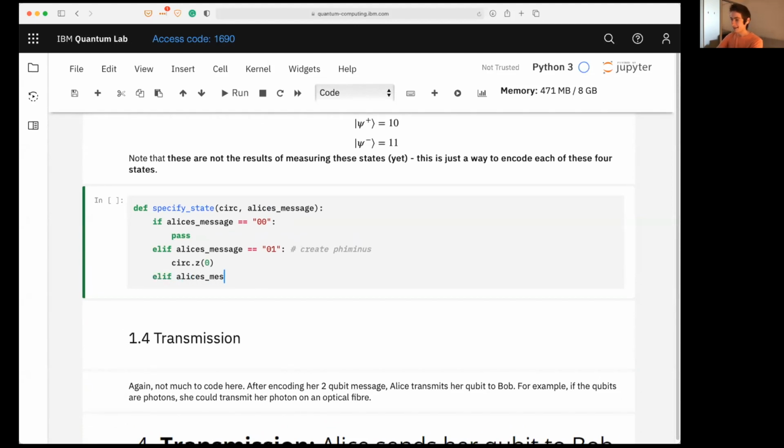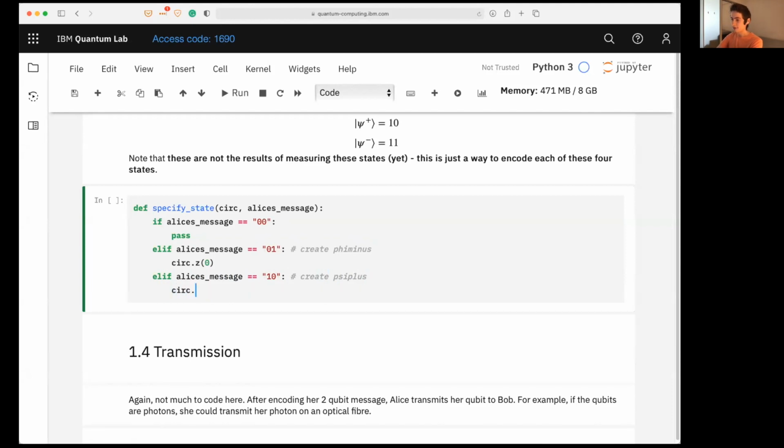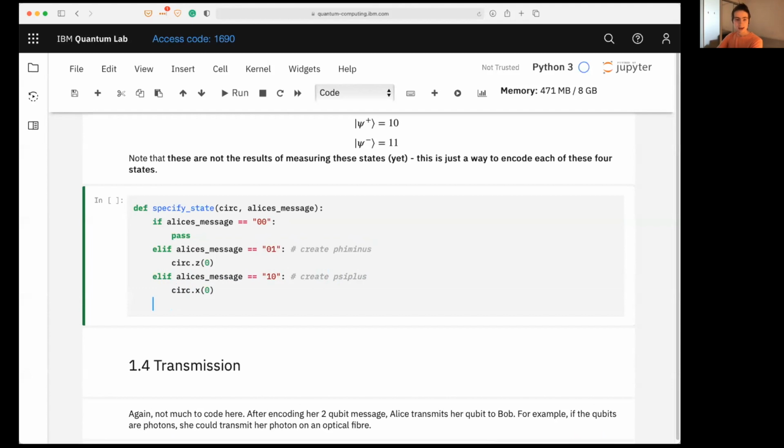Otherwise, if Alice's message equals 1, 0, here we want to create psi plus. So I'm going to do circ.x on Alice's qubit. And otherwise, well, actually, I guess I'll do, just for clarity, if Alice's message is 1, 1, then we want to create psi minus.